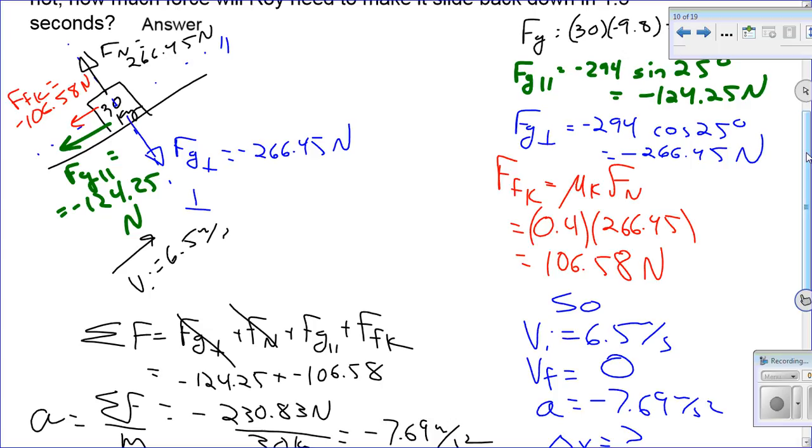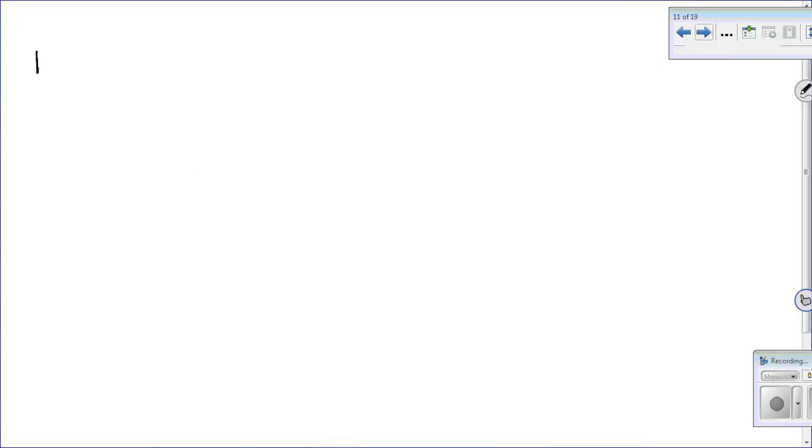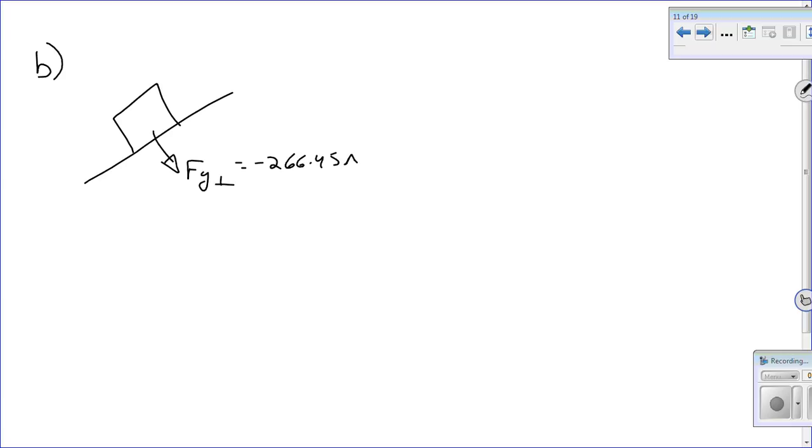All right. So question B says, will it slide back down? If so, how long does it take? If not, how much force does Roy need to make it slide back down in 1.5 seconds? So here we go. Part B. Here's our ramp. Here's our box. We've got a perpendicular component, which was negative 266.45 newtons.